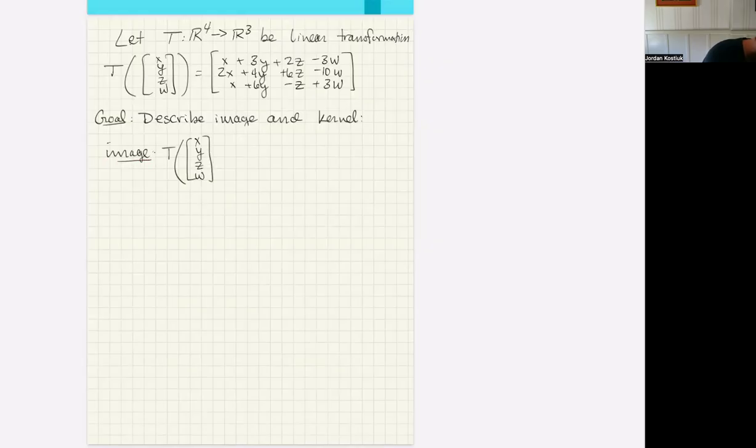The main point here for the image is that any vector of this form T of (x, y, z, w) decomposes as follows. I'm just breaking up the right-hand side linear combination by factoring out these variables.